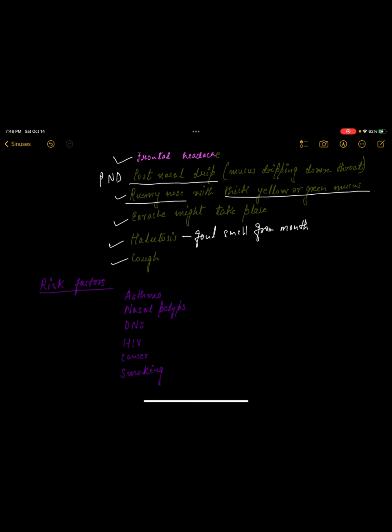So now the risk factors, the factors which are responsible for developing sinusitis. If a patient has asthma, or if a person is a smoker, these persons can develop sinusitis easily.